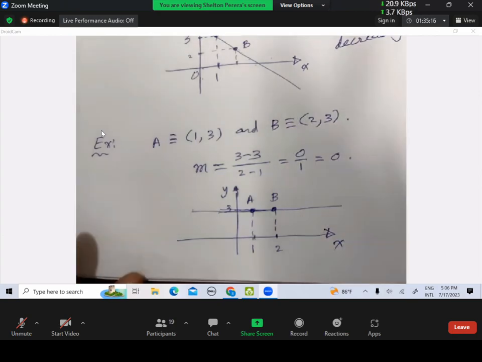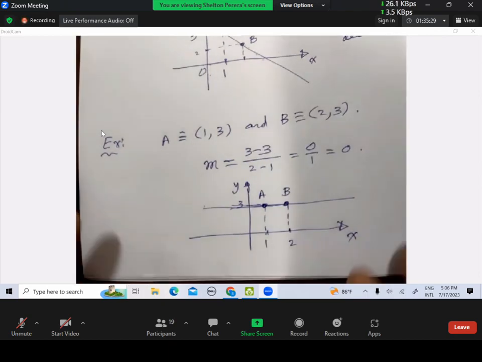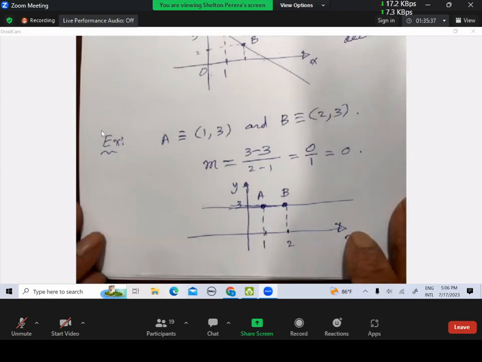Horizontal lines have zero slope. Do you understand? Horizontal lines, so this is neither rising nor falling. M equals 0.